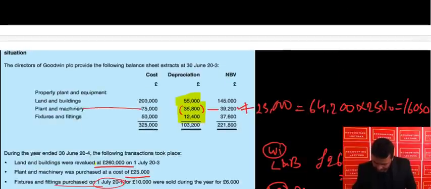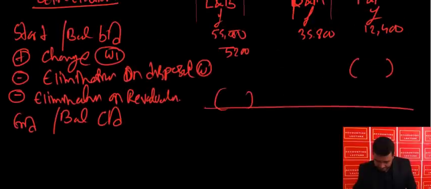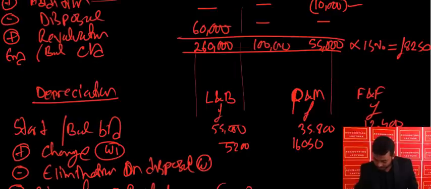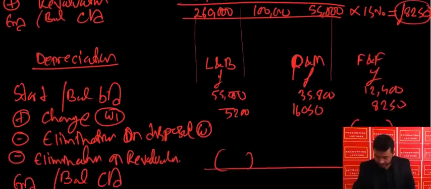I remember, just double checking. Yeah, 16,050, and the other one 8,250. We just did that at the top. There we go. Here, straight line on your cost, 15%.